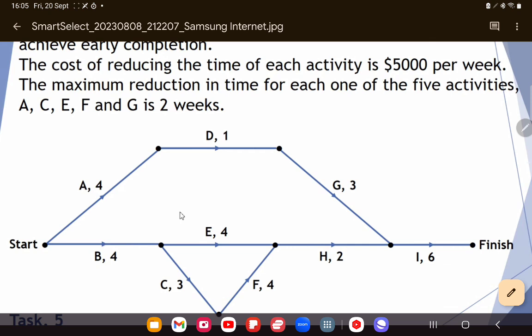So if we, let me highlight the activities that we can reduce. So it's 4 plus 1, 5 plus 3, and we had 8 here.